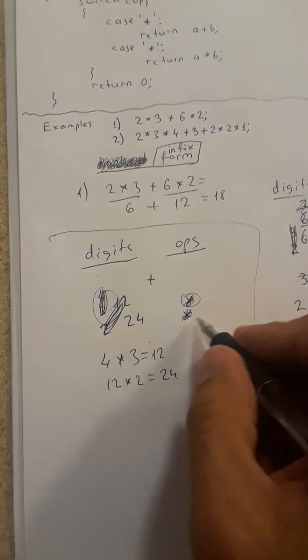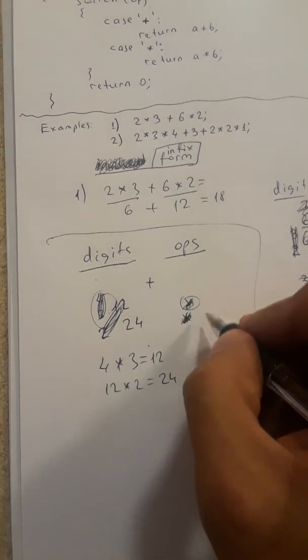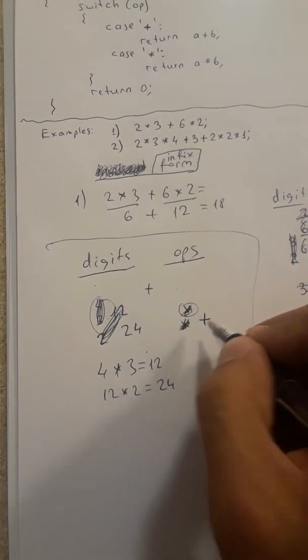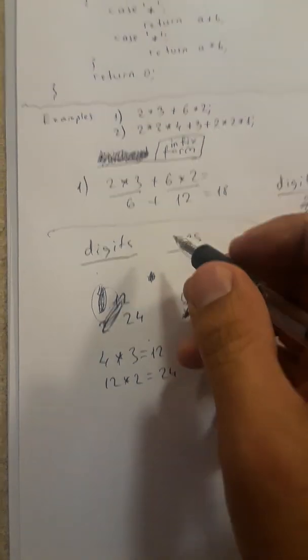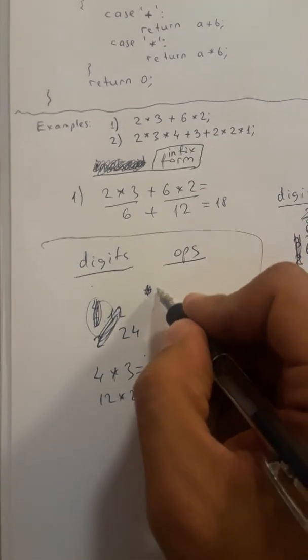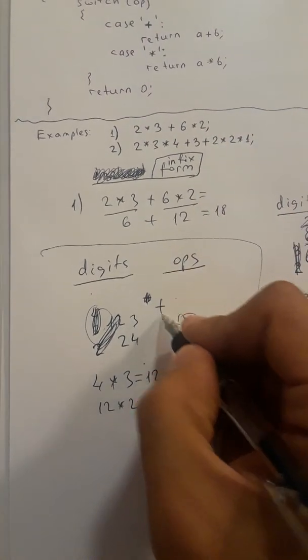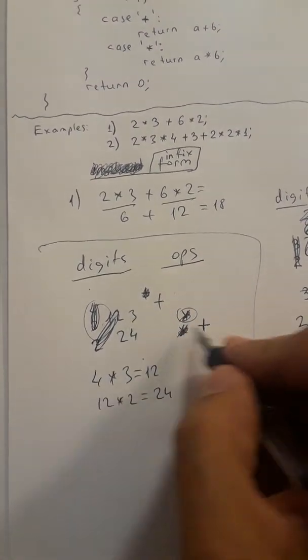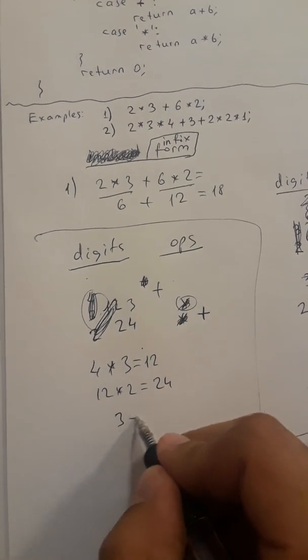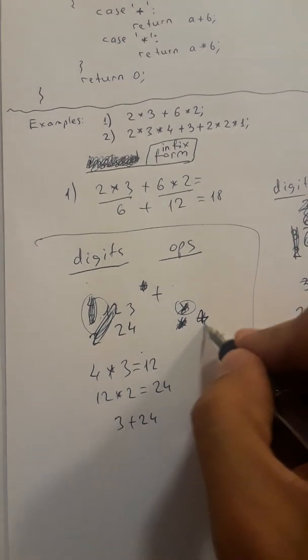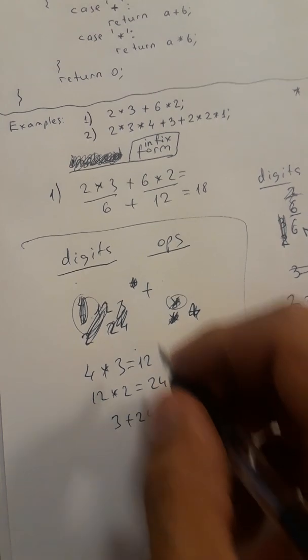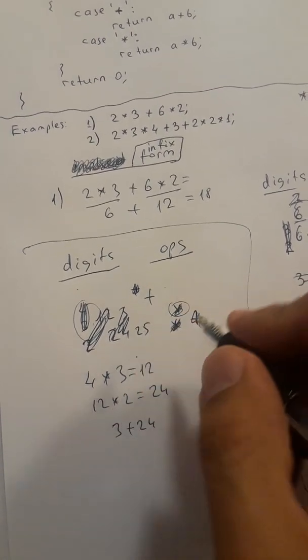After we evaluate all operators and digits, we push our plus operator, and after it 3. We see there is another plus coming up, so we will again evaluate, like 3 plus 24, it will be 25.